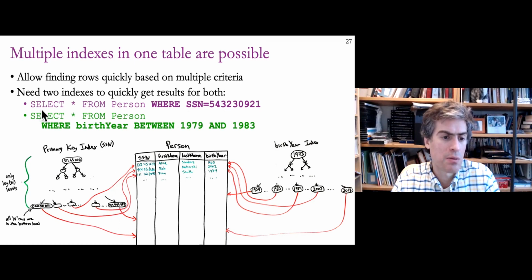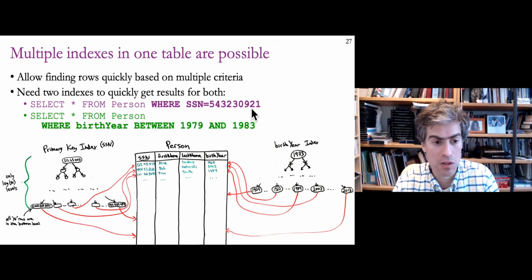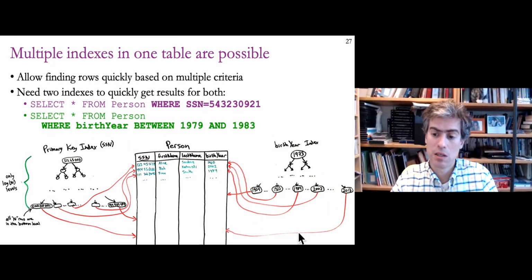And again, as a programmer, you don't have to implement the index or tell it to use the index. As long as the index was created and you write a query that's compatible with that index or can make use of that index, it should be used automatically and your query should be made efficient. The second one, the green one, is another query that can make use of indexing. It's a different index, the one on the right hand side.